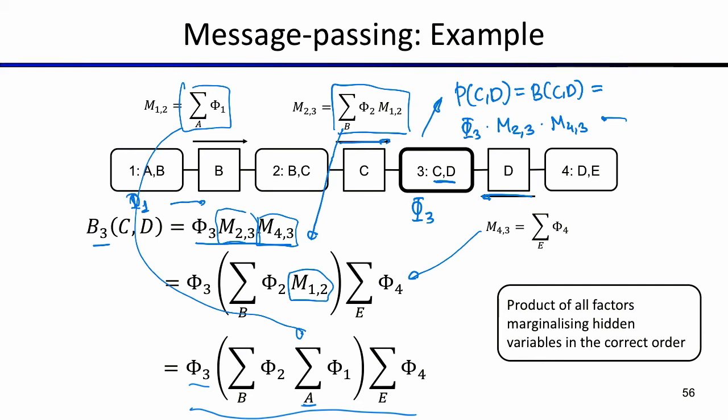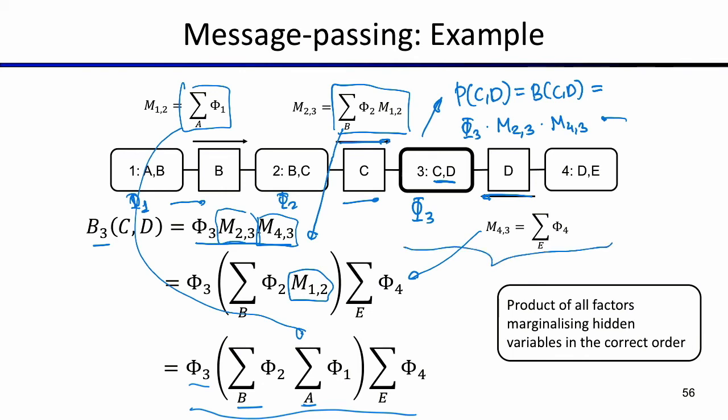So when we look at this part here, we're saying that we're going to take this result and multiply by the factor that we have here, this big phi2, but I will eliminate the variable B in this process. Again, I'm fine with that because we don't have a variable B on this side of the graph.